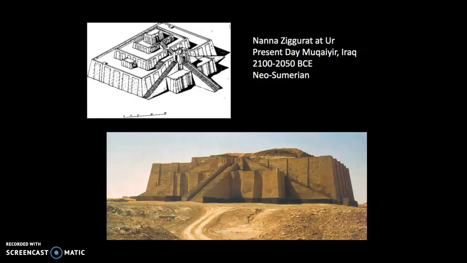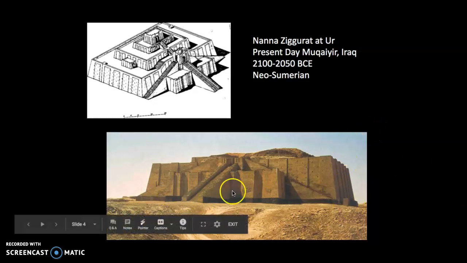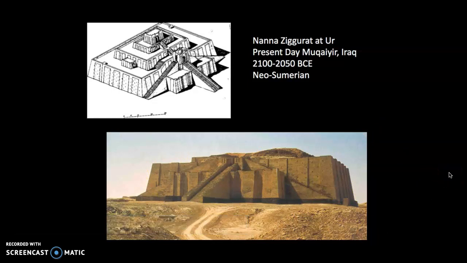And temples were placed on the top of these large platforms called ziggurats. The Nana Ziggurat still exists today, and this above is an archaeologist's reconstruction of what this would have looked like in its entirety. We can see all these ramped paths leading up to this tiny temple at the top.